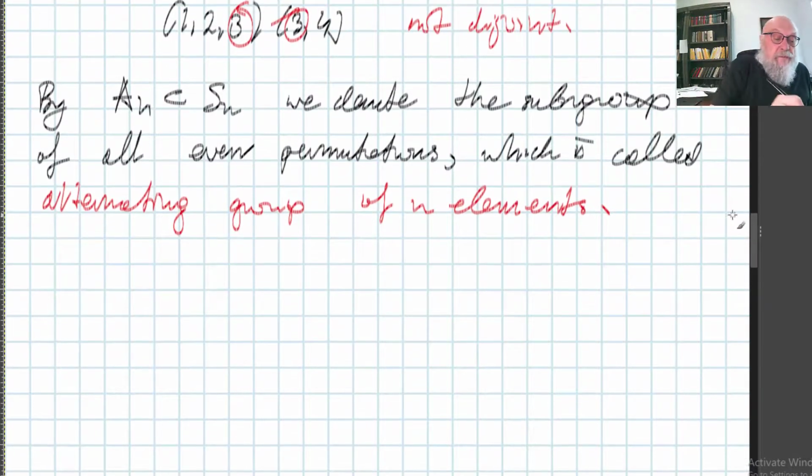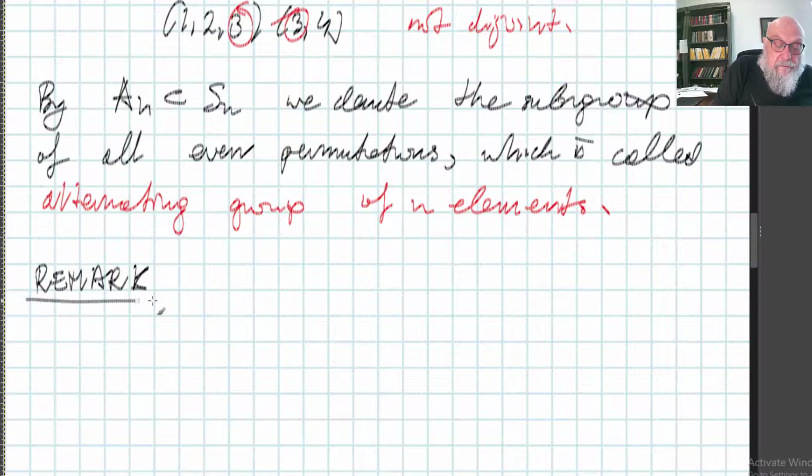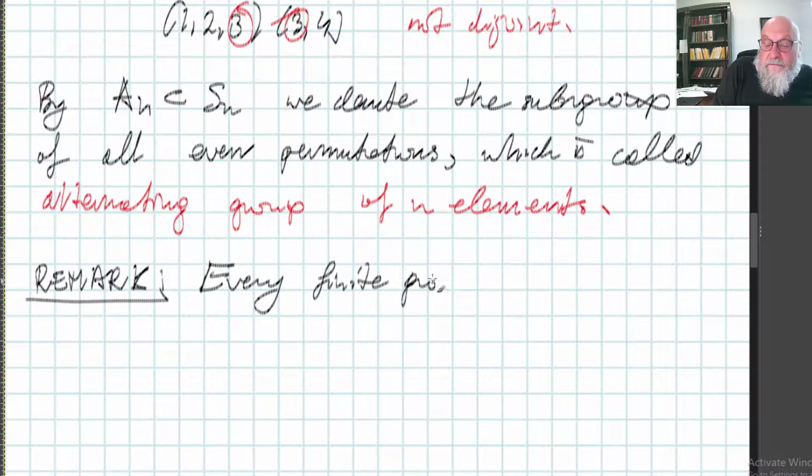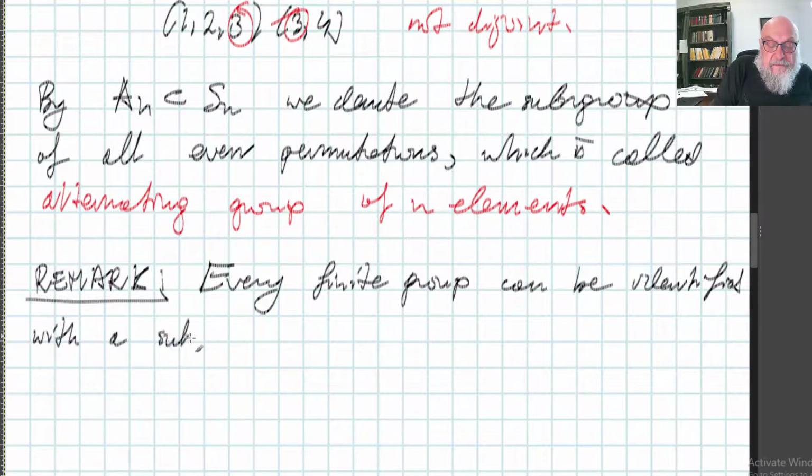Maybe kind of an exercise, so I put here a remark. Every finite group can be identified with a subgroup of, let's say, the symmetric group Sn.